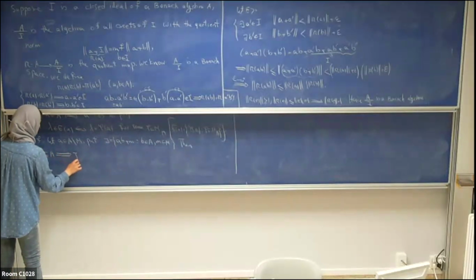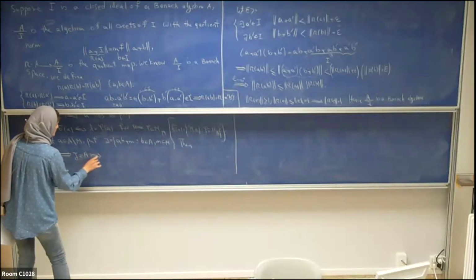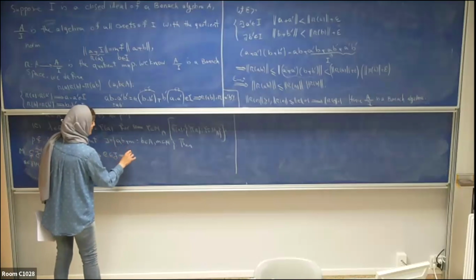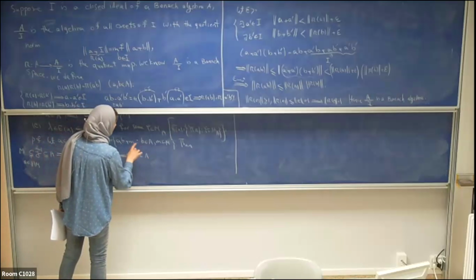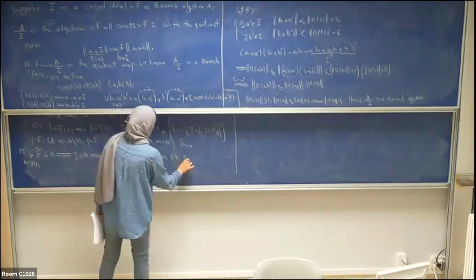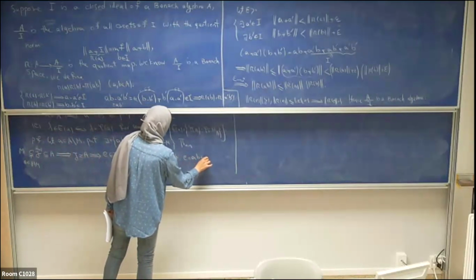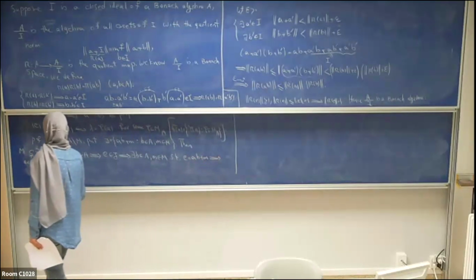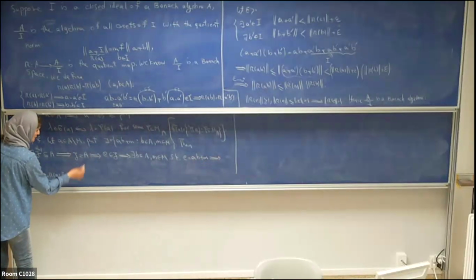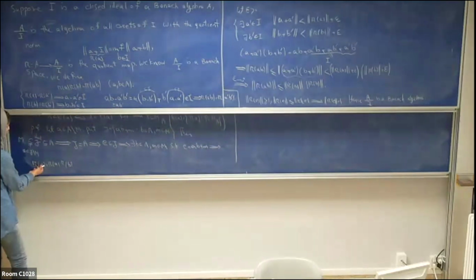So we have J is A. And in particular, E also is in J. When E is in J, it means that there exist B in A and M in M such that E is AB plus M. And then P of E is P of A times P of B plus 0, because P of M is 0. It shows that P of A is invertible because P of E is the identity or unit element of the quotient algebra.